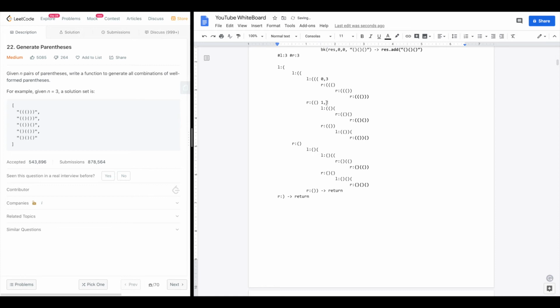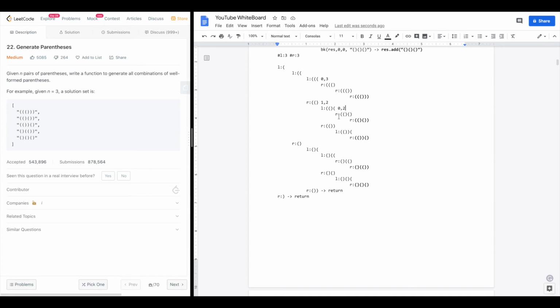Okay, so we repeat the things we did before. We can add left, but the remaining left is 0 over here, so this means we cannot add the left.